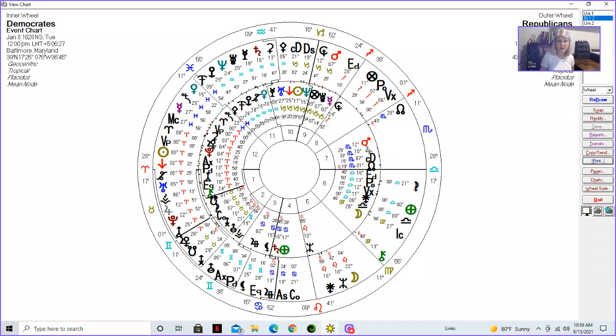Another one that I looked at was Cupido, and I started with this on purpose. If you notice, we're all in the same area. Cupido here at 28 degrees of Aries is sitting right on the ascendant of the Democrats. Again, accountability. Here's a party, and Cupido does represent party, okay?